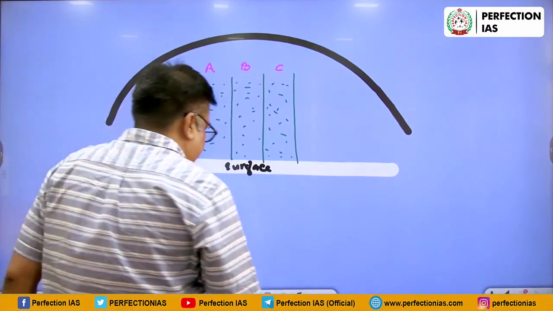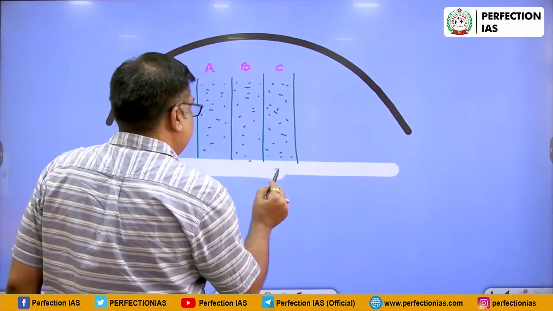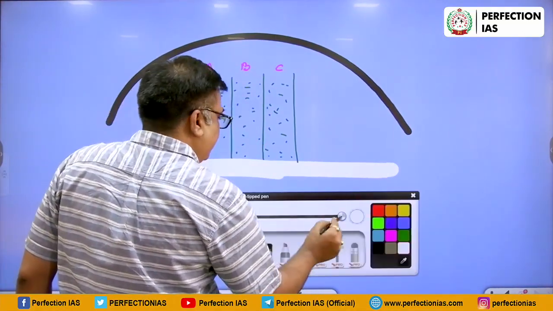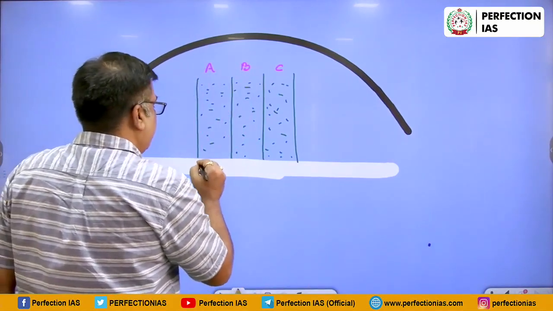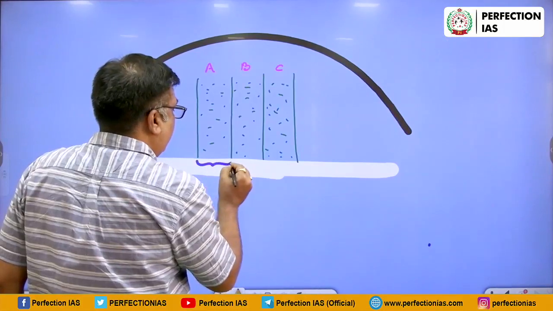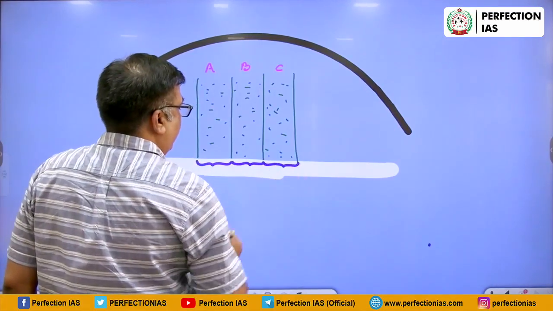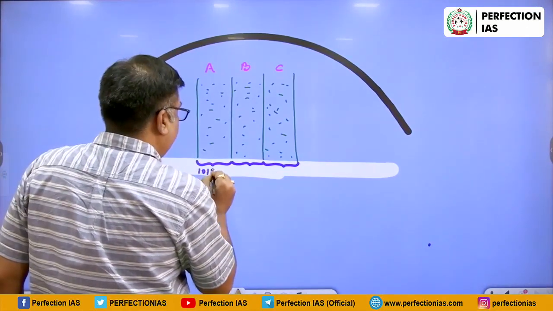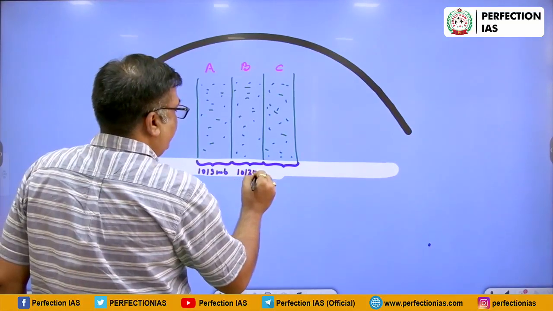If we consider that the surface is a plane surface, then on this surface the average pressure, from here to here, from here to here, is 1013 millibar.